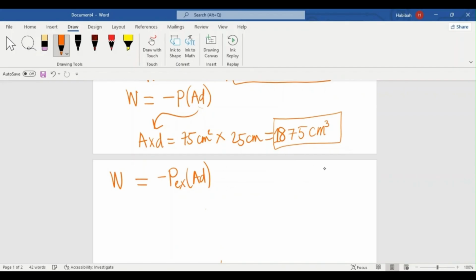But this cannot happen because even though we have the value for pressure, area and distance, the issue is that pressure is force over area, so the unit is Newton per meter squared. In this case, we have kilopascal, which is just times 10 to the power 3 Pascal, and the unit for Pascal is also Newton per meter squared.